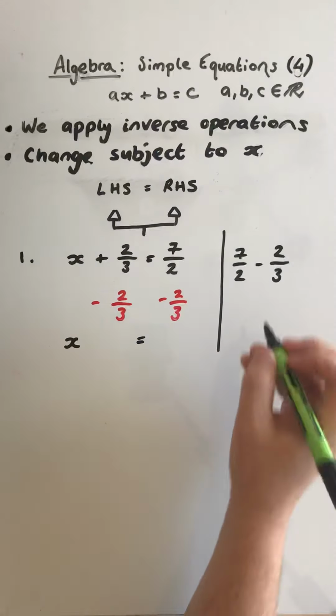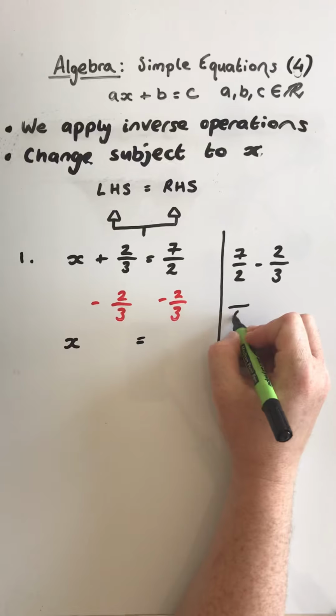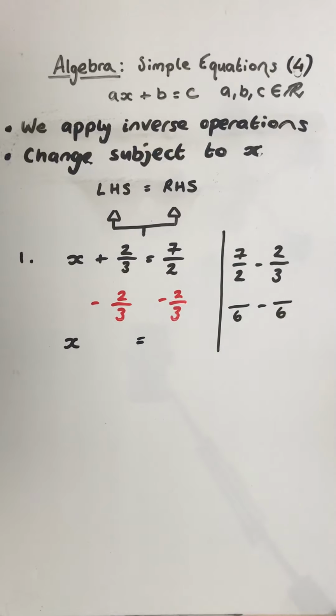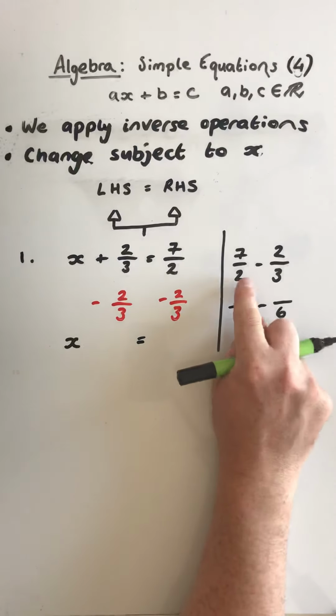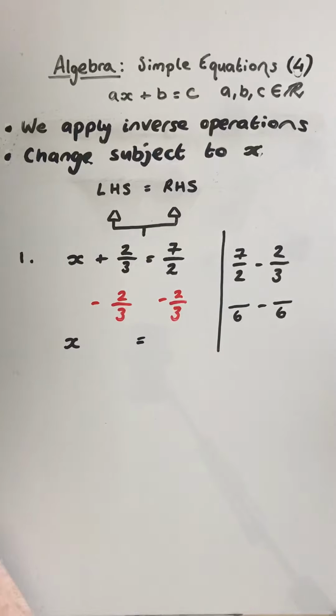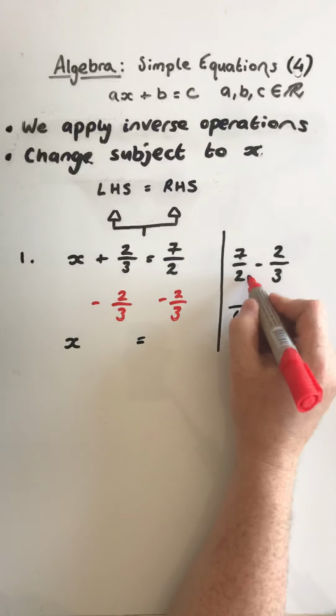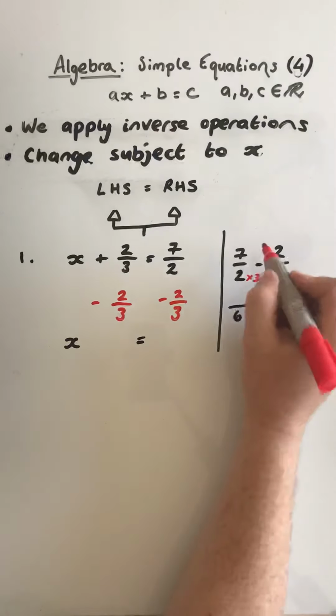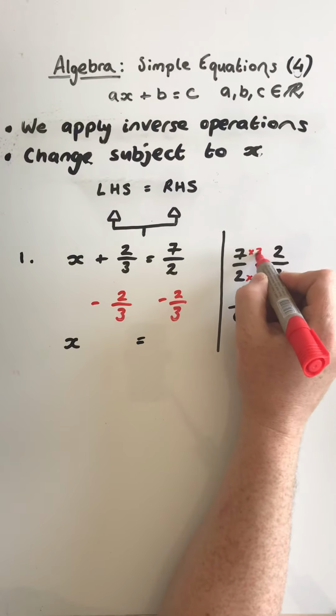What's the common multiple? 6. There's 2 times 3 gives us 6. So we're multiplying this by 3 to get to 6.